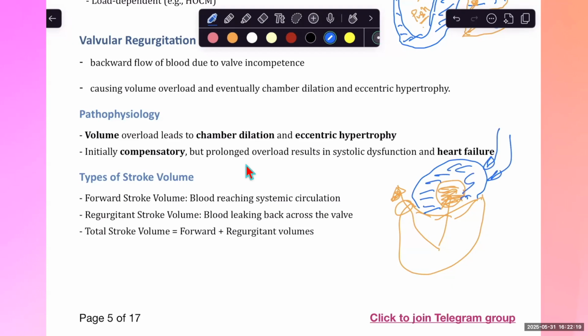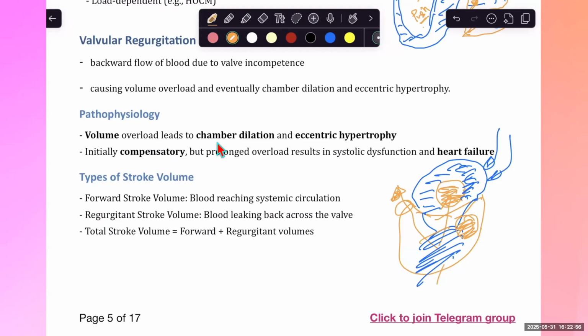So now the atrium will have more blood than it usually receives. Once the systole ends, the mitral will open, so the whole amount will go down. It will be the regurgitant volume plus the normal volume that it receives. Initially, this is what we call volume overload, more volume than the ventricle usually receives.